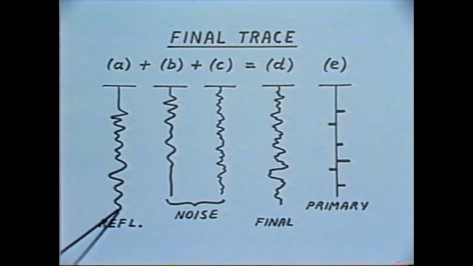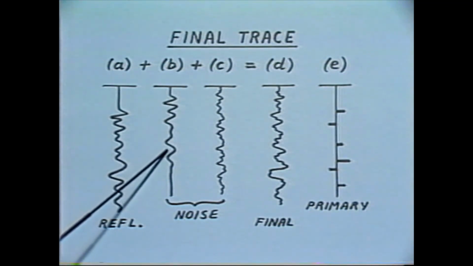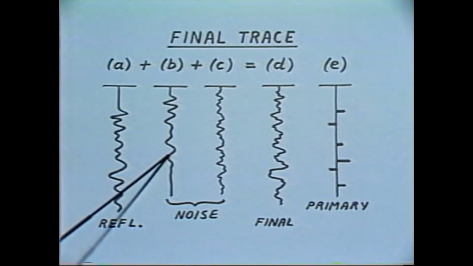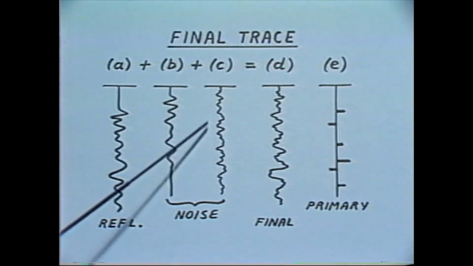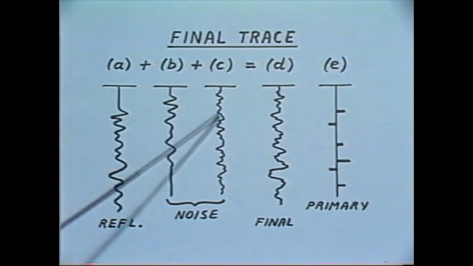Now added on to that reflection trace we have the various kinds of noise. These would be the non-random noise modes, such as the near-surface noise waves, which form some particular pattern on the seismic traces, plus the random noise events such as wind noise and so on.